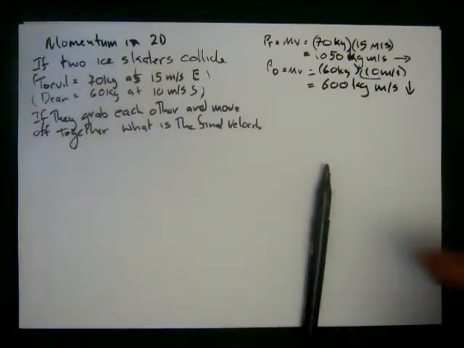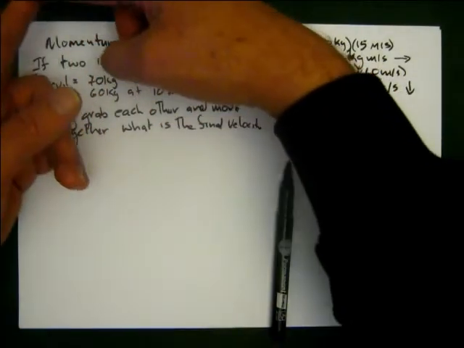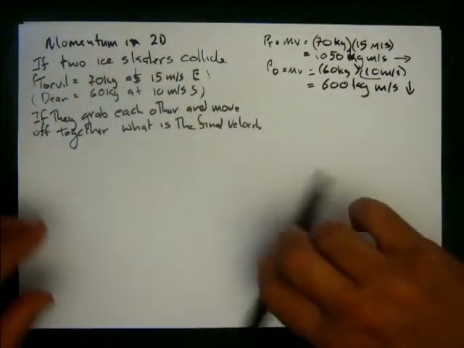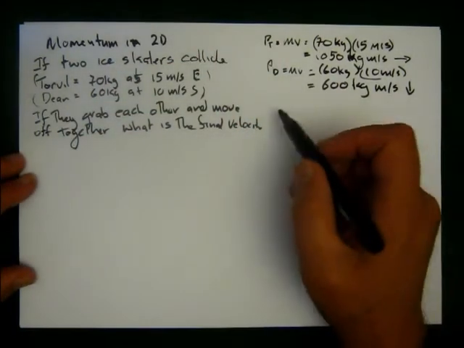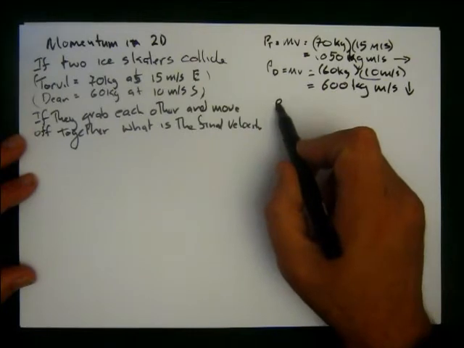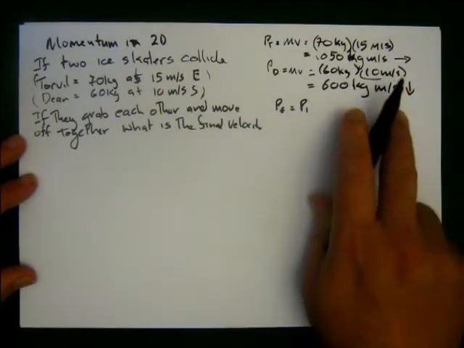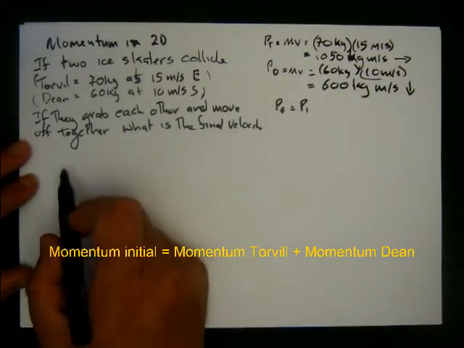And so we're going to assume that we've got these two skaters coming in, they hit and they move off together. So coming in, bang. So how do we do this? From conservation of momentum, P final is equal to P initial. But these are vectors, these have directions, so we're going to have to add these using vector mathematics.